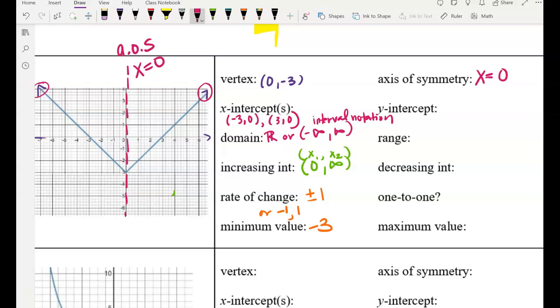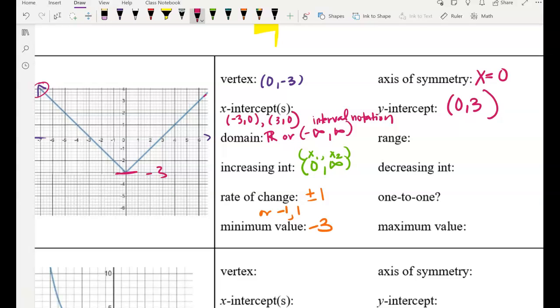Y-intercept: it looks like we intersect the y-axis at (0, -3). Yep, and that happened to be the vertex. And sometimes, yes, they can be the same answer. The range is all of the outputs, aka all of the y values, right, guys? Well, the smallest y value is -3. Okay, -3.